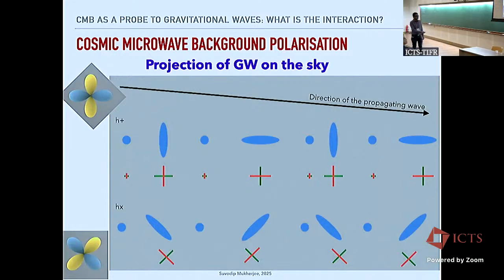Good. You rotate it. That's right. So you can go back from cross to plus. You can do a coordinate transformation and change both of them, but always one of them will show you this. You can choose a coordinate where your plus is cross and vice versa, but in that coordinate system, cross will always show this kind of flip. If I label this oppositely, this physics will not change.